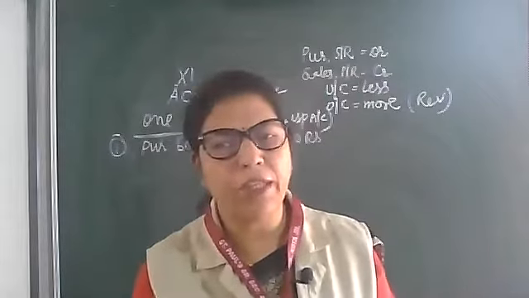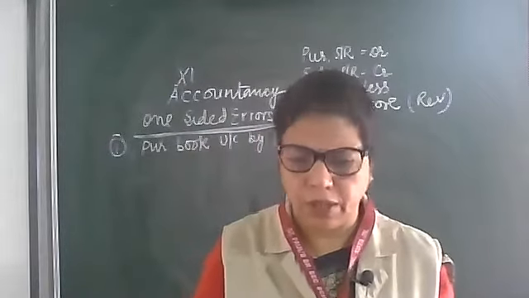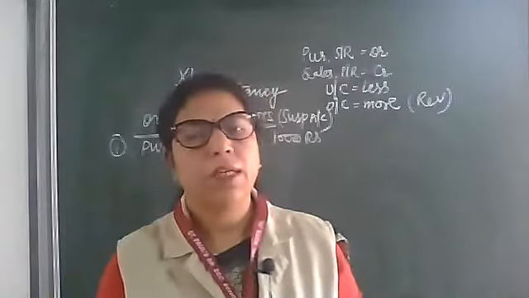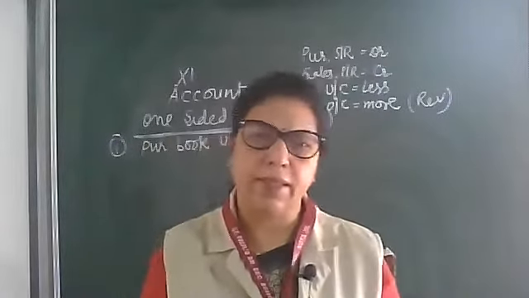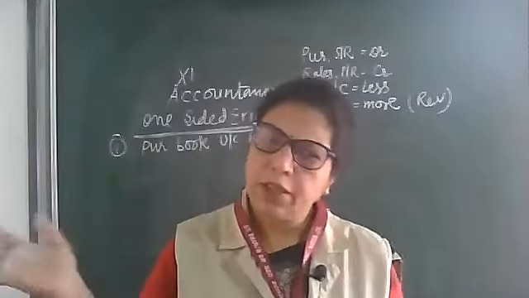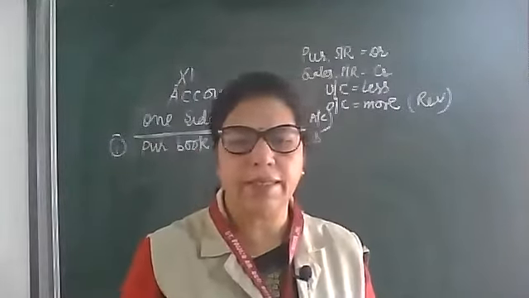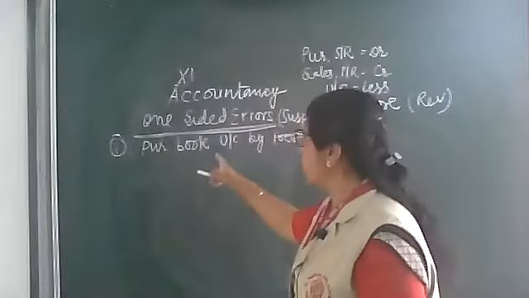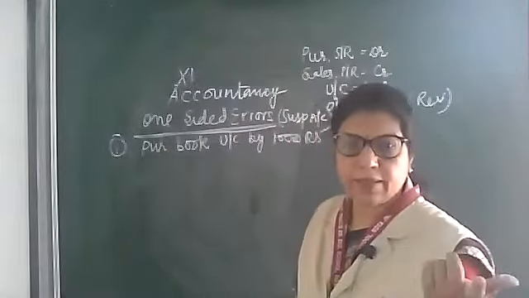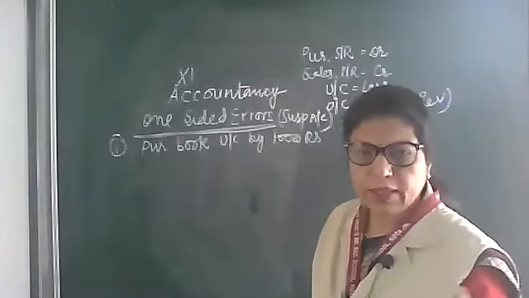Now there are various reasons for undercast. Maybe totaled less, maybe recorded less, maybe entered less, maybe carry forward less. So that is the reason for undercast: totaled less, carry forward less.